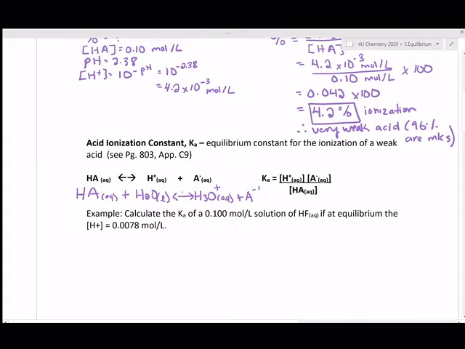So this reaction is usually shortened and just written like this, because we don't worry about writing down the liquid, because there is no concentration. And we know that hydrogen ion and hydronium ion are just equal, because the hydrogen is always going to find a water to react with to make the hydronium ion.